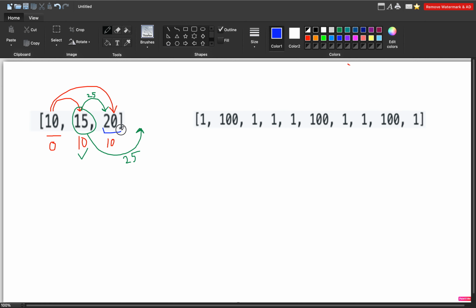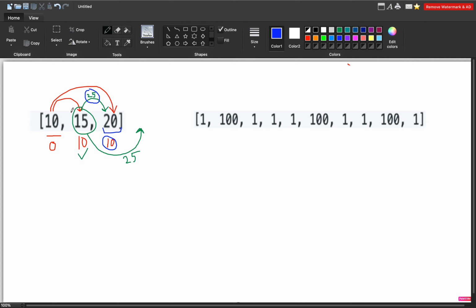But in case you are here, what is the question arising? The first question that will arise is, what is the cost of reaching 20? The cost of reaching 20 can be either 25 or 10.